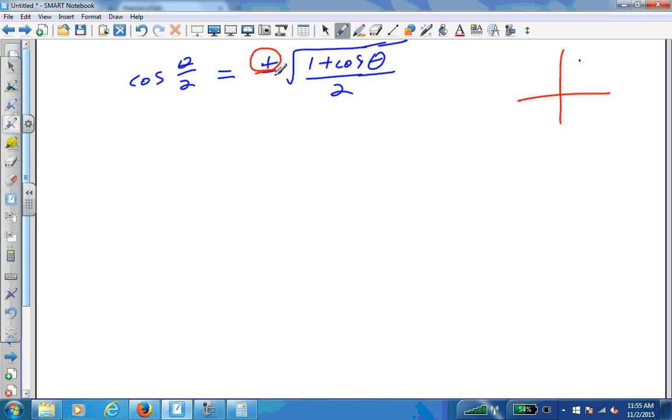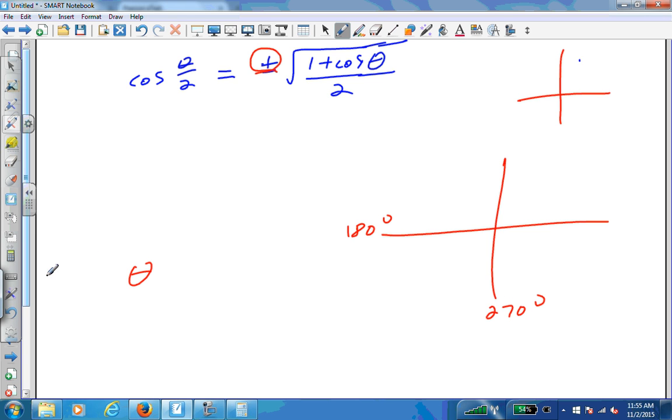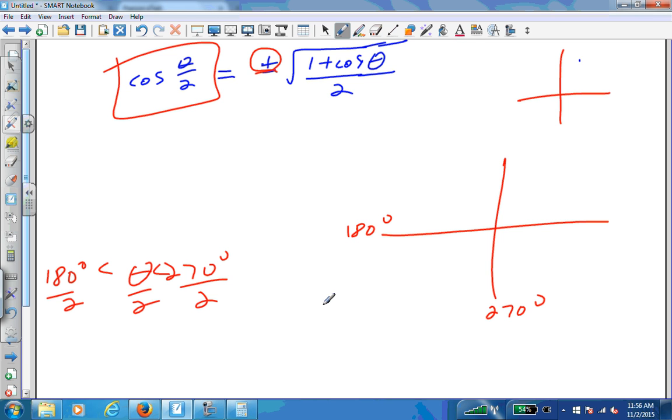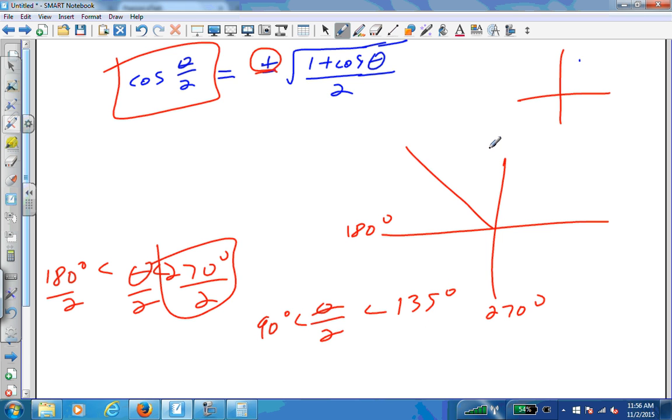If we would have had a different angle, if we would have had a third quadrant angle, if theta would have been between 180 and 270, then if we wanted cosine of half that angle, theta over 2 would have been between 90 and 135. Which quadrant is 90 to 135? 2.